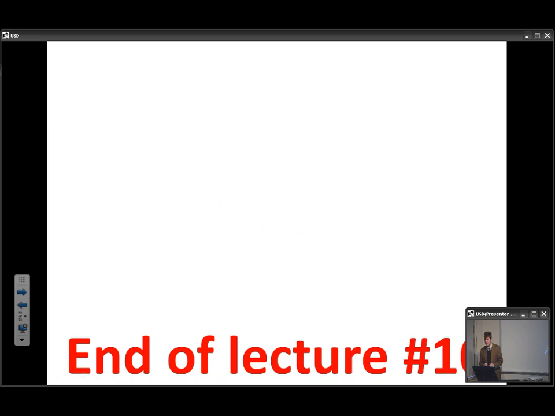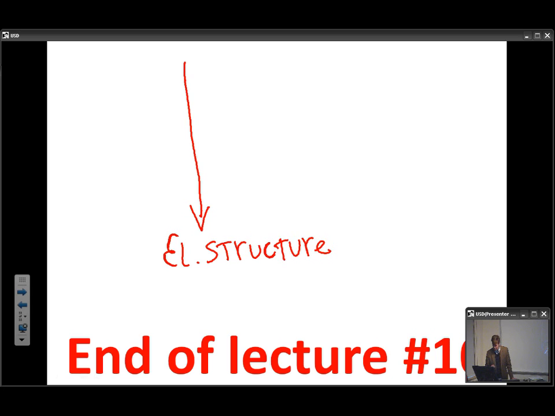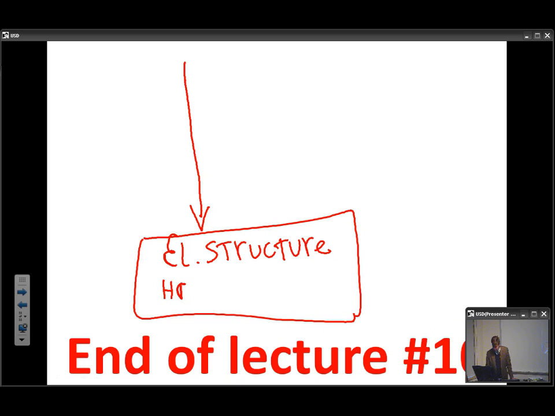Okay, so let me summarize what we were doing and what our map is. Our goal is electronic structure, and we are going to describe it by so-called Hartree-Fock theory.